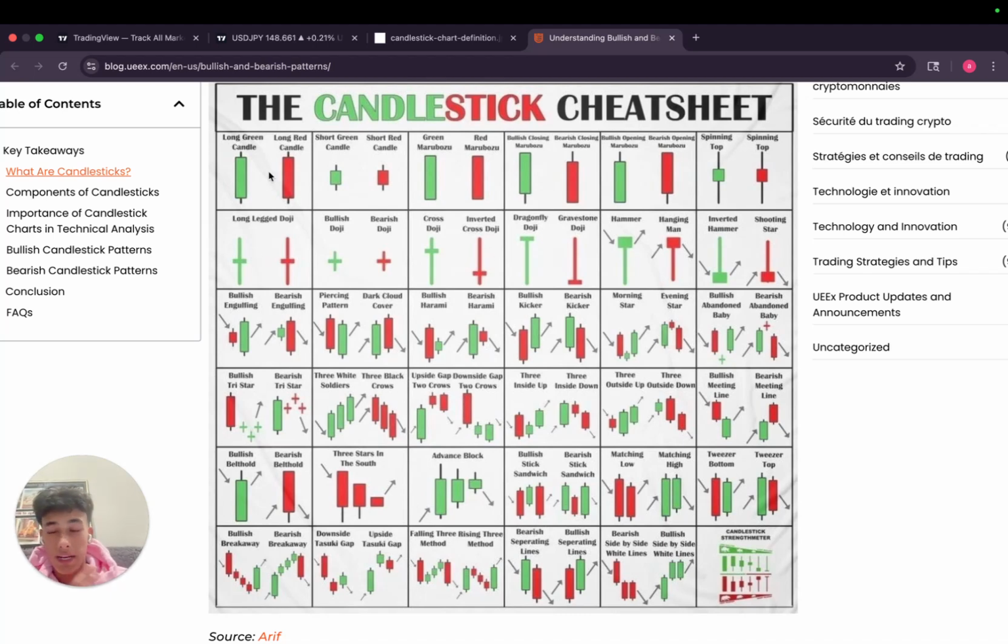So my task for today is to mark out at least 3 cross dojis, inverted cross dojis, dragonfly dojis and gravestone dojis. And you should also do 3 of the Marubozus each. I will get into a chart in a second to explain why.